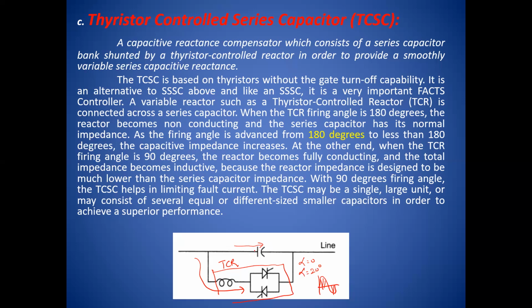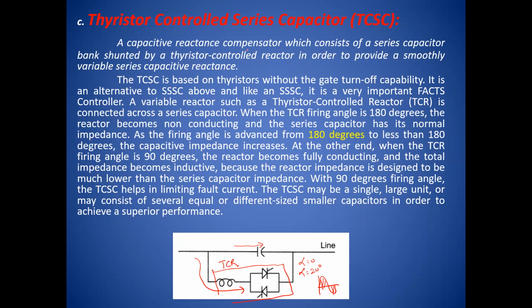This is the meaning of thyristor controlled series capacitor. Earlier we discussed that a capacitor cannot be controlled in a smooth manner; it is controlled in steps. Here, in conjunction with the thyristor controlled reactor, it is possible to control the capacitor value. Therefore, it is called a thyristor controlled series capacitor.